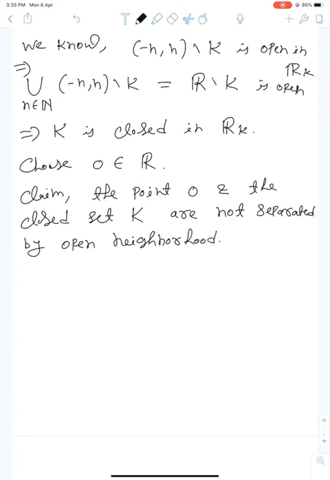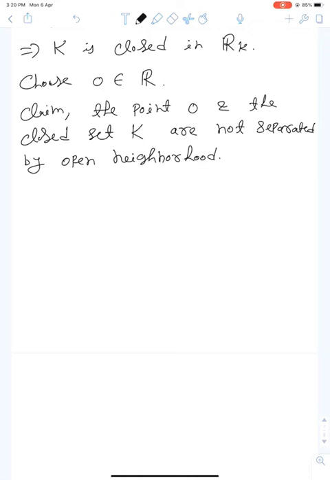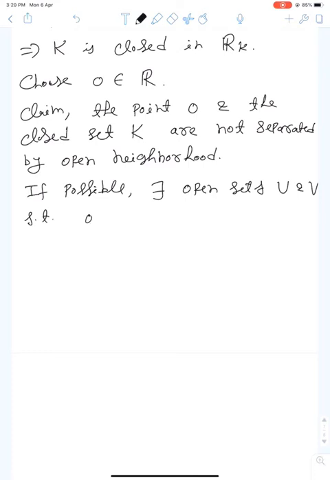Why? If possible, there exist open sets U and V such that 0 belongs to U, K is a subset of V, and U intersection V equals empty. So if possible, there are such disjoint open sets, one containing 0 and another containing the subset K. Now we get a contradiction.